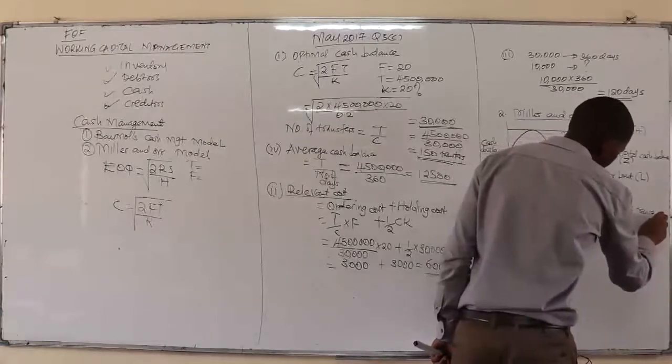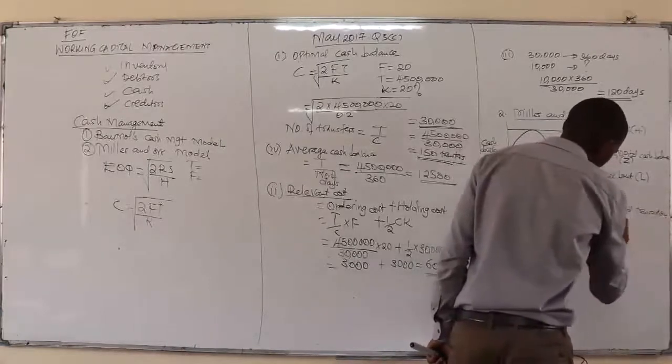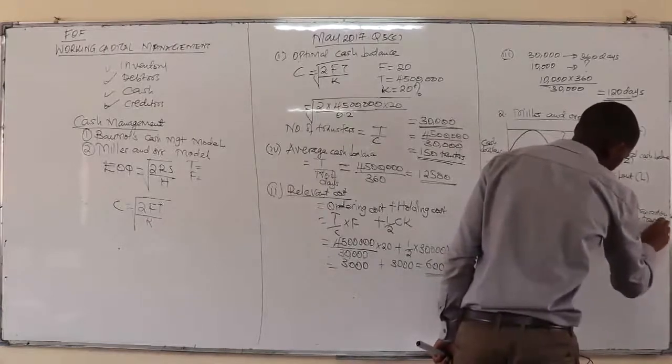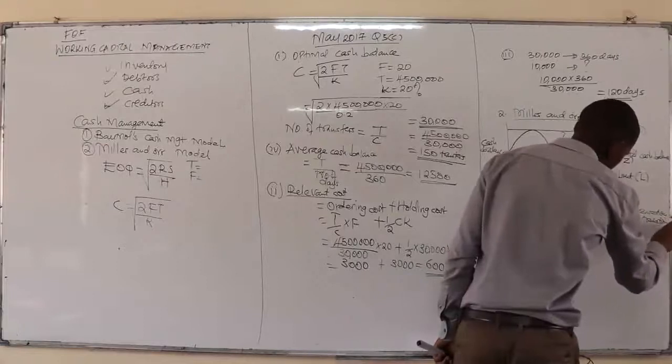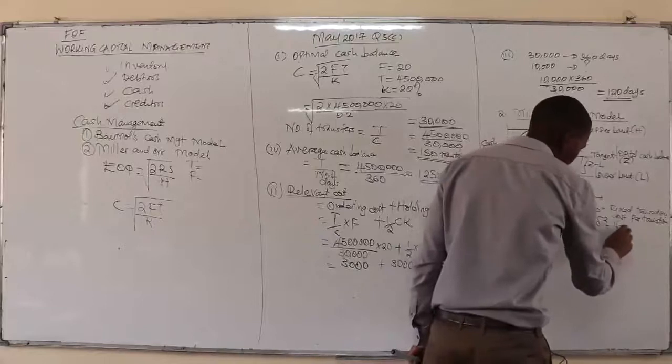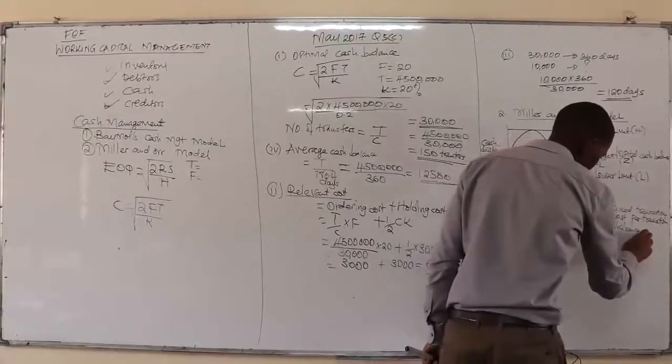transaction cost per transaction. This is the variance of daily cash flows.